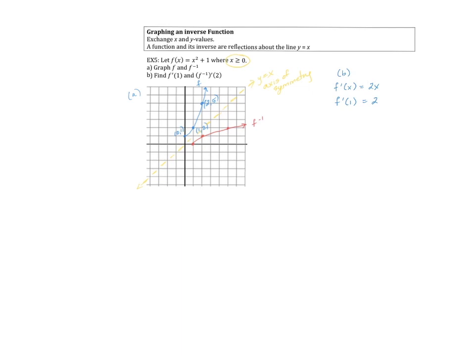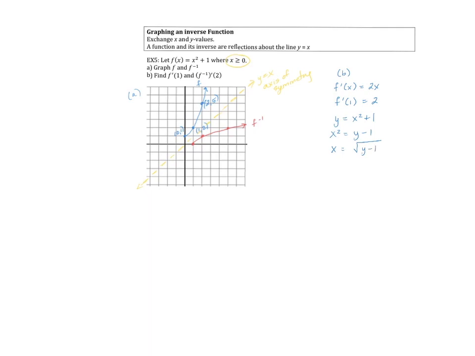I'm going to replace the f of x with y. And then we're going to do what we did in the previous example. We're going to solve for the x. So x squared is equal to y minus 1. And since we're only concerned with x's that are greater than or equal to 0, when I square root both sides, I take the positive square root.